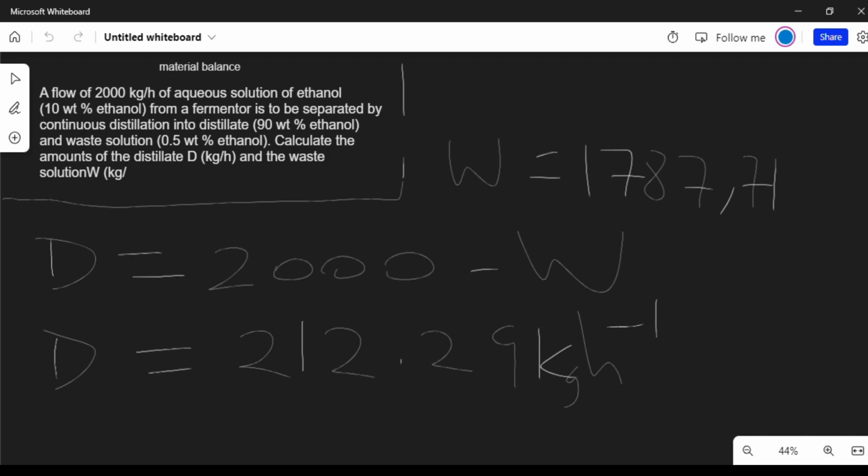This is how each and every question under material balance is supposed to be handled. When you have the question, always read through and then figure out what quantity was inputted into the system, and then what was produced at the end. And if you're able to get these things and then the quantity of some of them that was produced, you would be able to solve the questions perfectly.